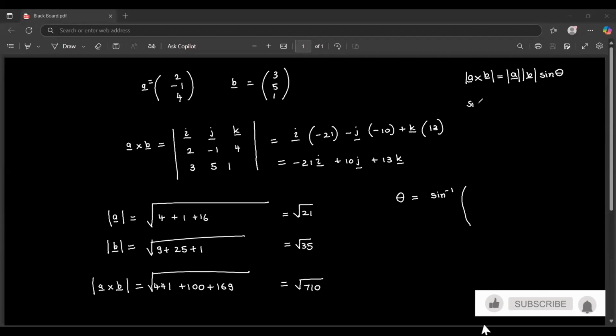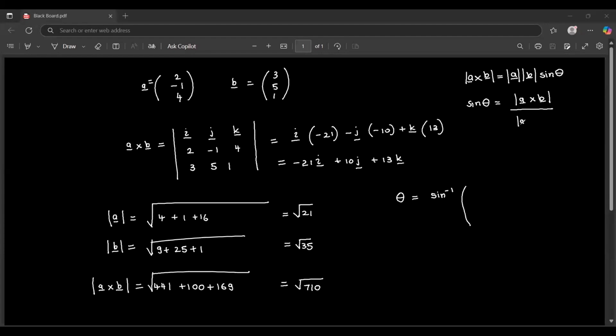So sine theta is the modulus of A cross B over modulus of A into modulus of B. Here we have the square root of 710 over the square root of 21 into the square root of 35. So theta is sine inverse of the square root of 710 over the square root of 735. You can use the calculator to find the answer. This is the angle between these two vectors.